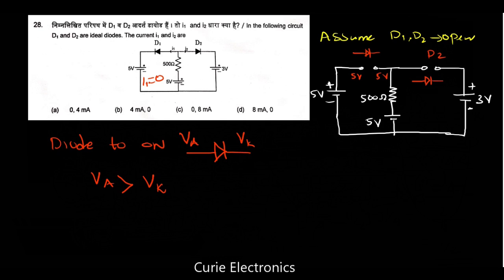D2 diode, if we see here, it is 5 volt and the other terminal is 3 volt. So definitely it is forward biased. So it will act like a short circuit, because it's an ideal diode. So only that part I will redraw. Let me draw it a little more to the left side.